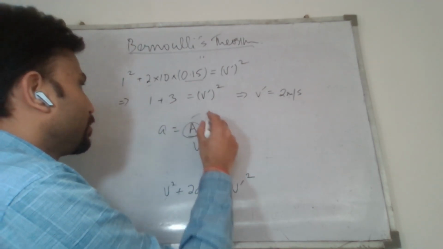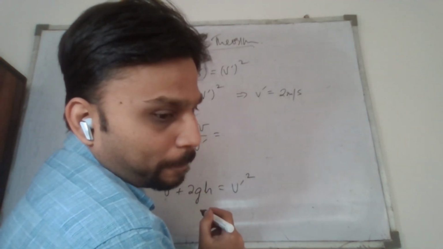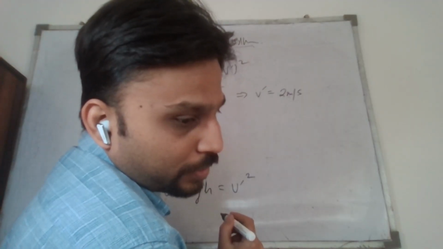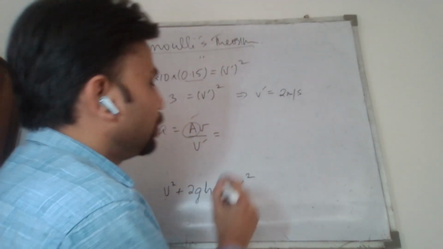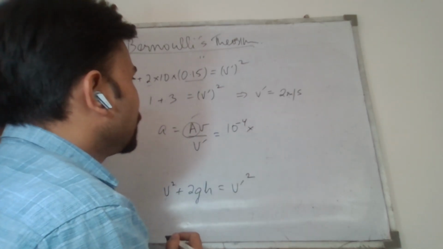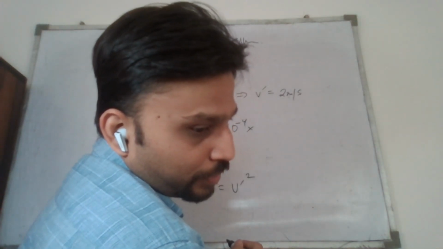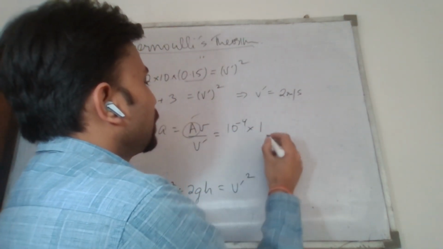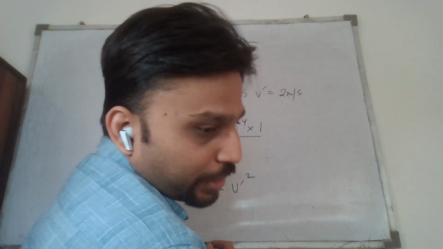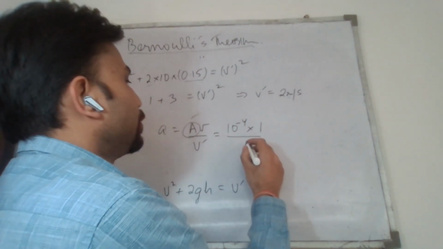This bigger cross section area, capital A, is equal to 10 to the power minus 4 into speed v, which is 1 meter per second, divided by v dash, which is 2.